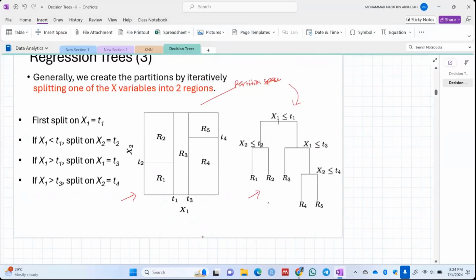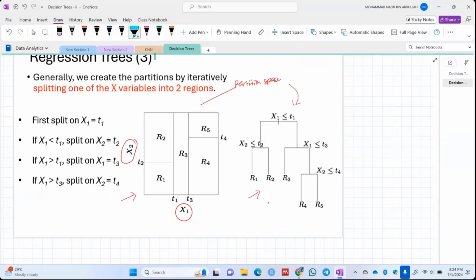So how do we do that? First thing, look at this one. We have two variables, x1 and x2, with x1 on the x-axis and x2 on the y-axis. We look at the line that completely separates two regions, a complete line that separates two regions.